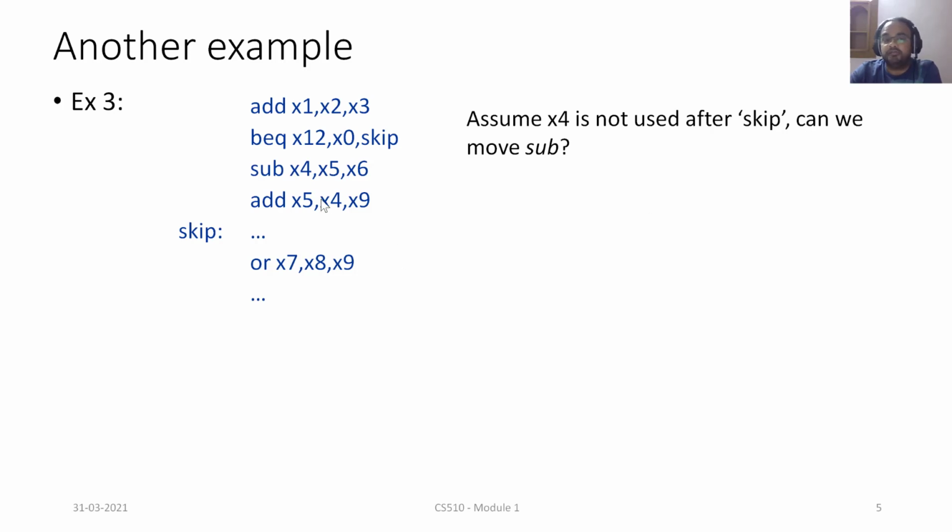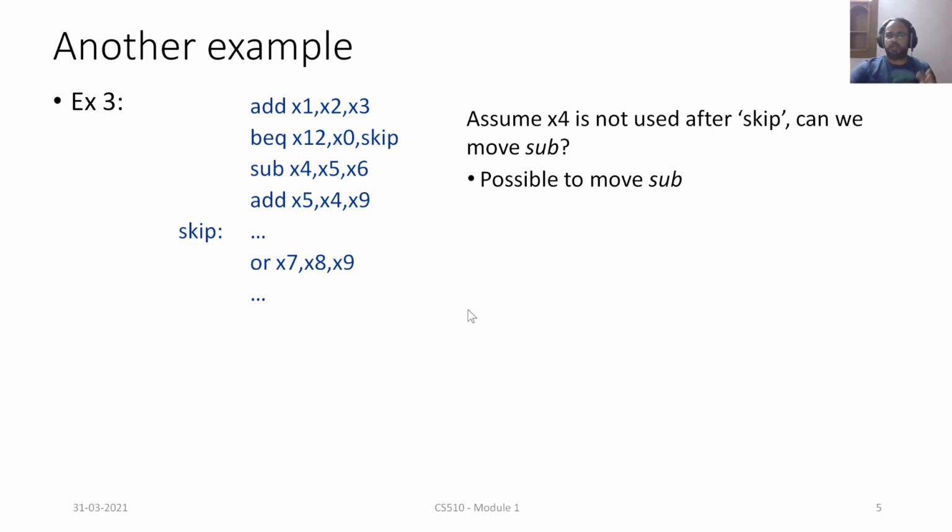Can we move the subtract instruction now? Potentially yes, because the subtract result is not being used at the target of this branch either. So we can probably move the subtract instruction before the BEQ. Even if we do not jump, the add instruction will continue to execute. And even if we jump, there is no problem because the skip module is not using it.